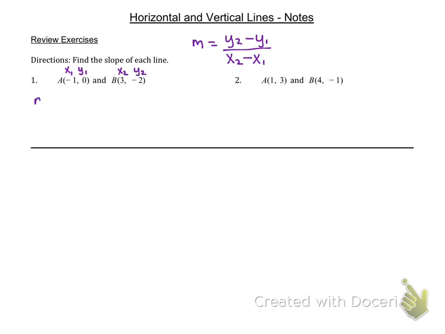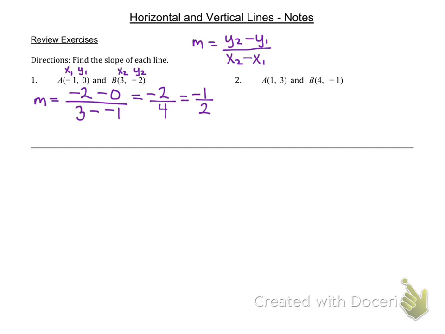And then I'm going to do m equals, remember m stands for slope, y2 minus y1, so negative 2 minus 0, over x2, which is 3, minus x1, which is a negative 1. So we have a negative 2 over 4, which reduces to negative 1/2.